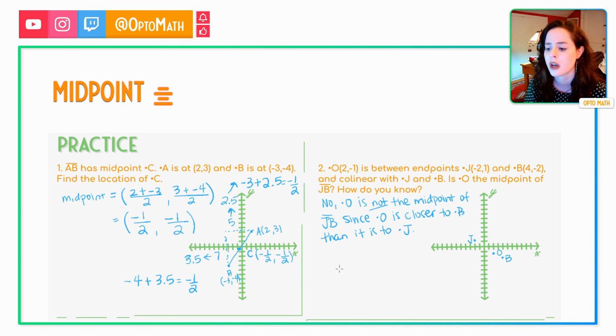So let's do that as well. So we want to see if adding these two x's and dividing by 2 and adding these two y's and dividing by 2 makes the point 2, -1.